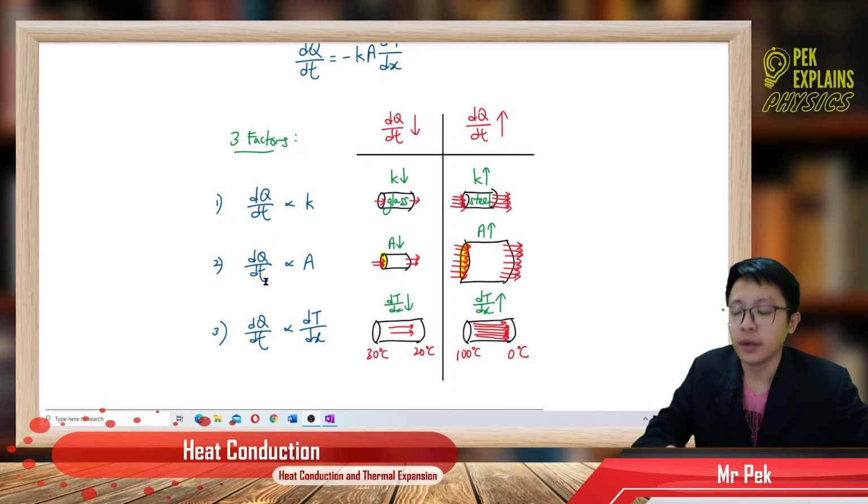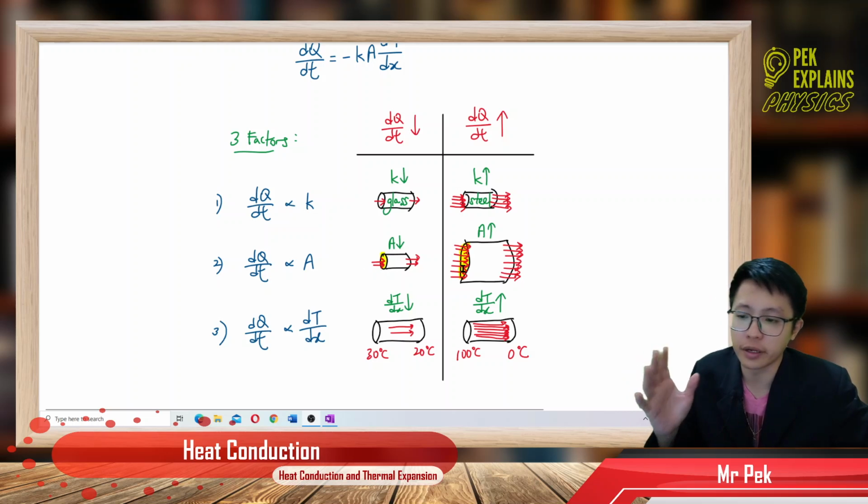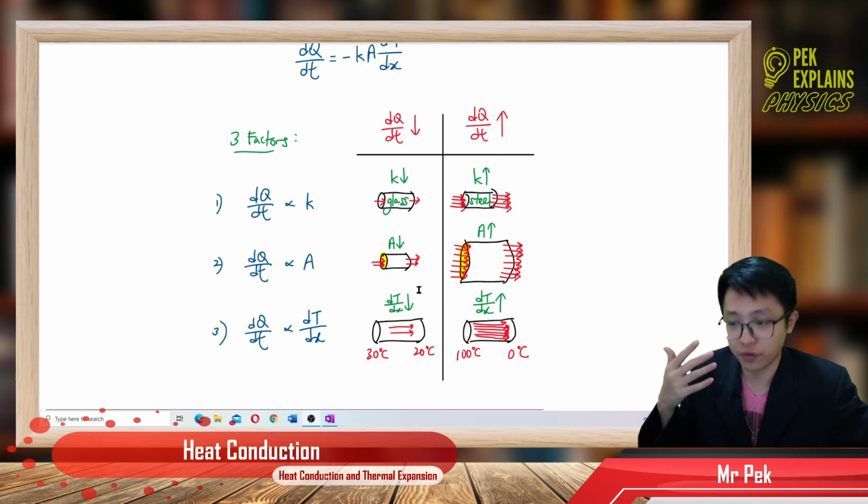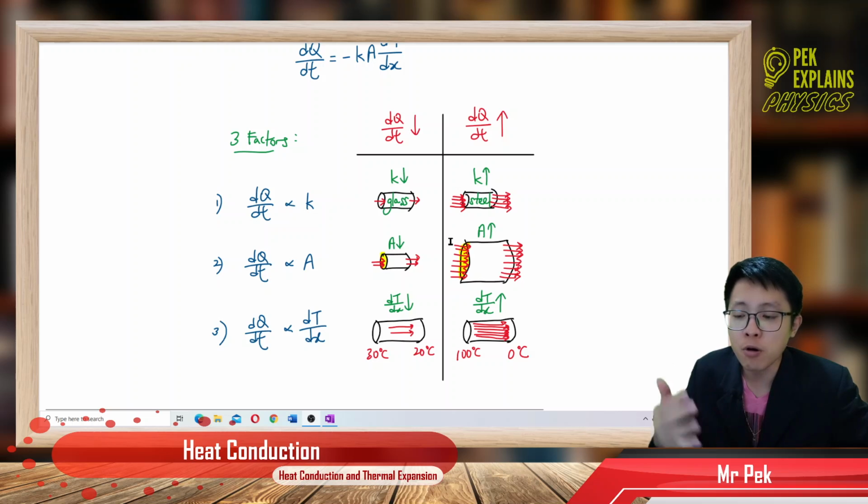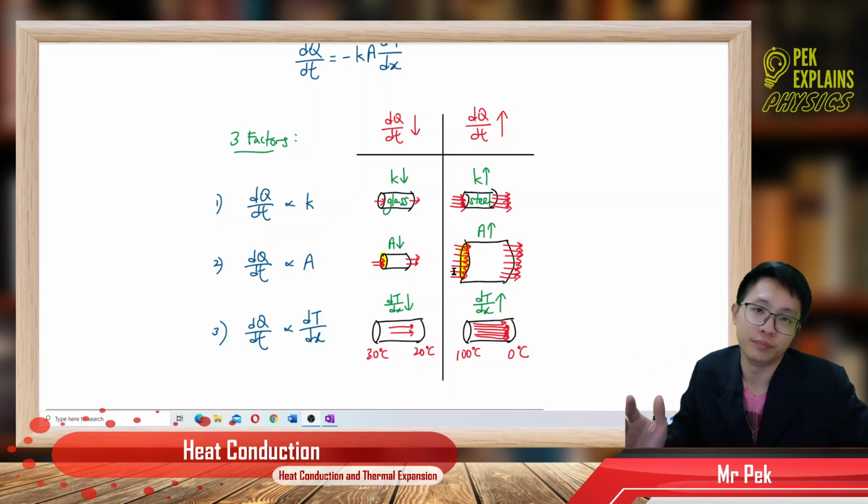Cross-sectional area. Rate of heat flow is also proportional to cross-sectional area. For example, I have two different areas here: a small cross-sectional area and a big cross-sectional area. Of course, the bigger the cross-sectional area allows more heat to flow through.